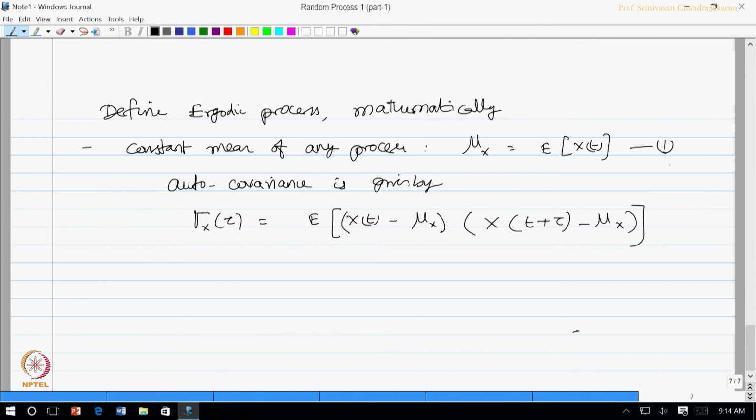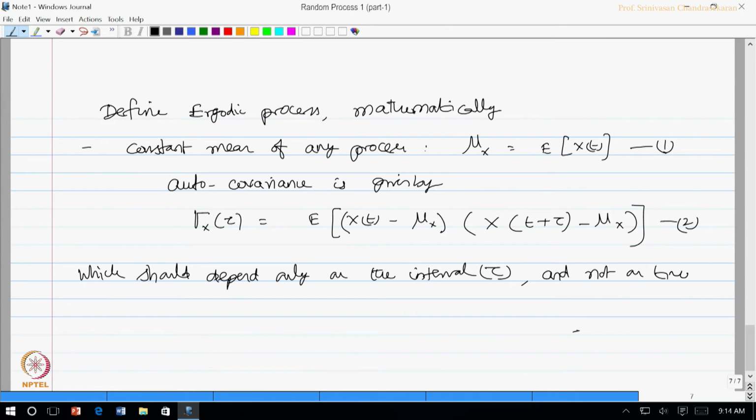Equation 1, equation 2. Which should depend only on the interval tau and not on time t. So, it should be time independent.